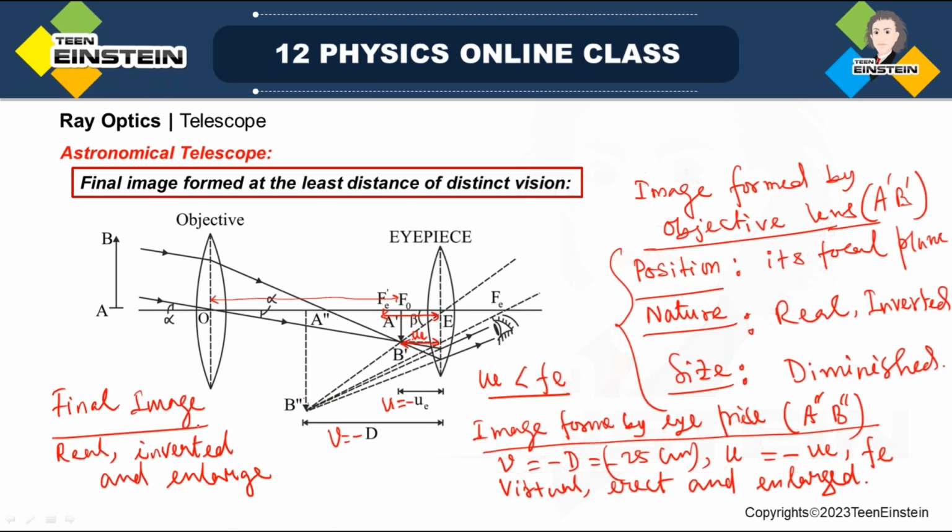Actually, this is what we'll see through the eyepiece. We'll see the A prime, B prime only. Intermediate image we will not be able to see.